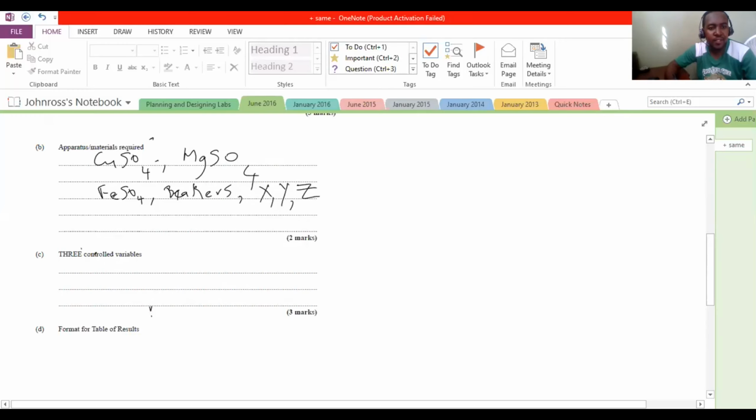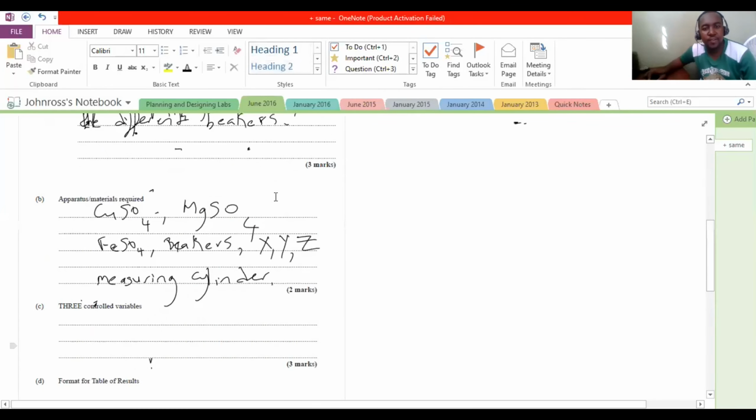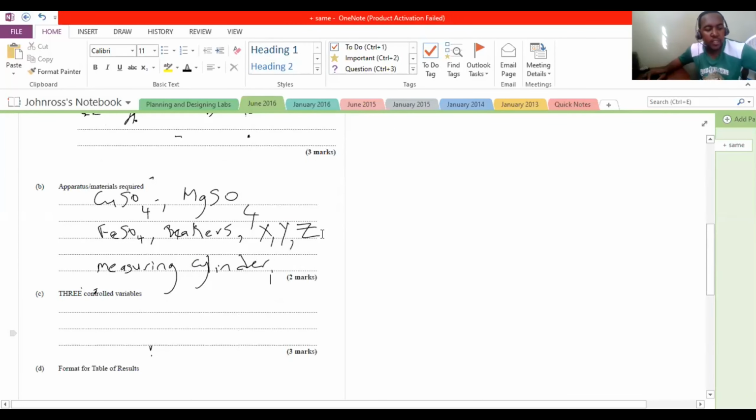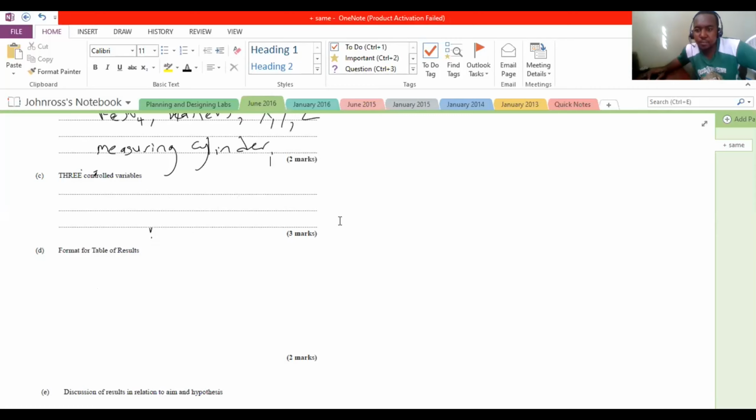Why do we need a measuring cylinder? To measure the amount of solution we're using. Exactly. So in order to measure that 50 cm cube of your reagents, you need the measuring cylinder. Isaiah is saying here that we need a pipette.